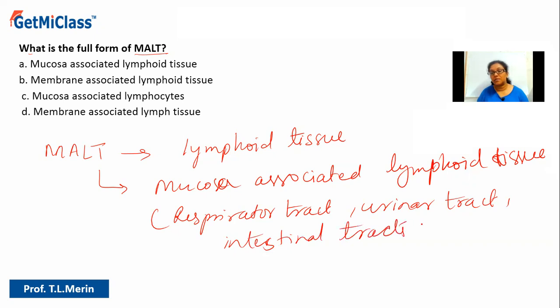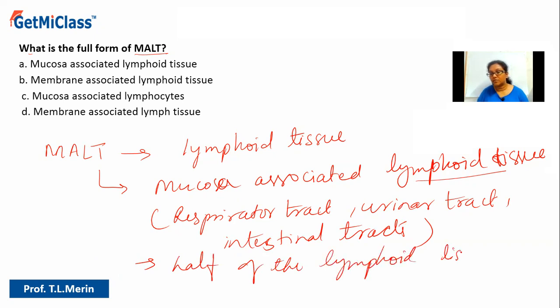So these are all made up of what? They all contain a thin membrane of mucosal layer. And these lymphoid tissues are associated with the mucosal membrane of all these areas. And you can say that MALT constitutes about half of the lymphoid tissue in our body.